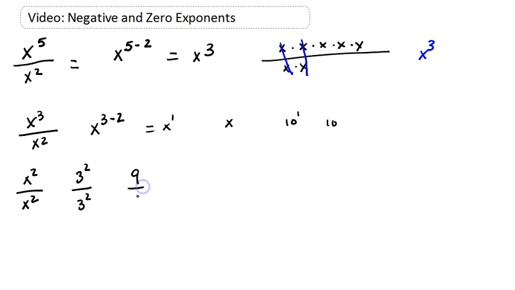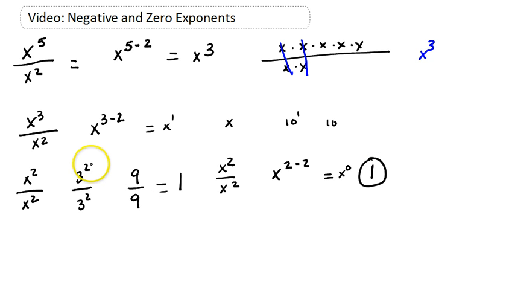If I calculate that, that's 9 over 9, which we know is 1. So, if I have x to the second power over x to the second power, that's like x to the second power minus 2, which equals x to the 0 power, which is 1. Just like we had here.